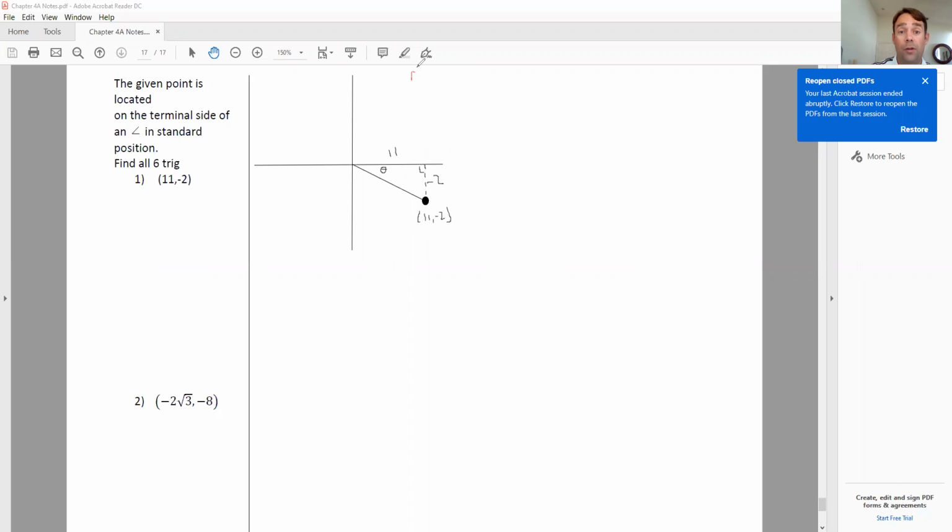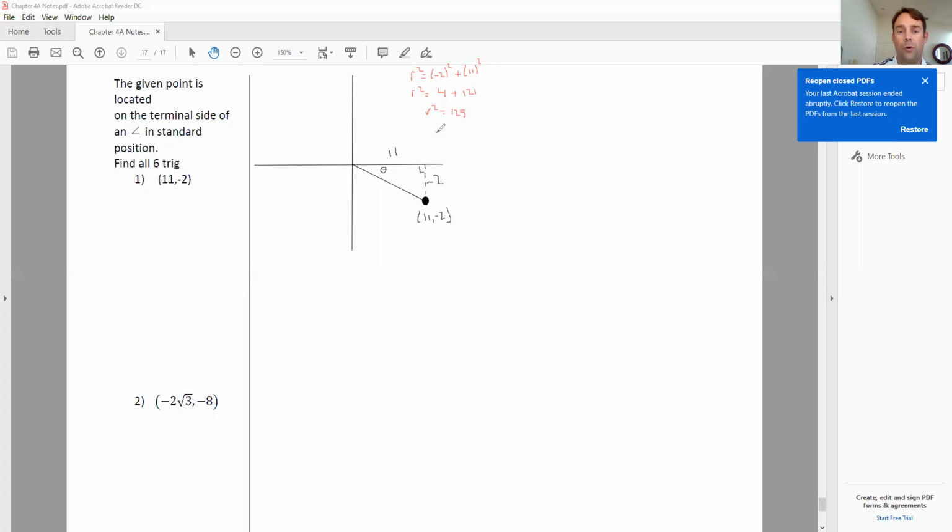So r squared equals negative 2 squared plus 11 squared. And friends, you can kind of already see by now, this one is not going to be on the unit circle. So r squared is going to be 4 plus 121. R squared is 125.